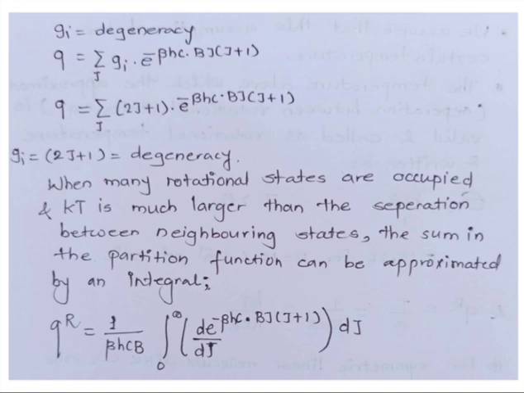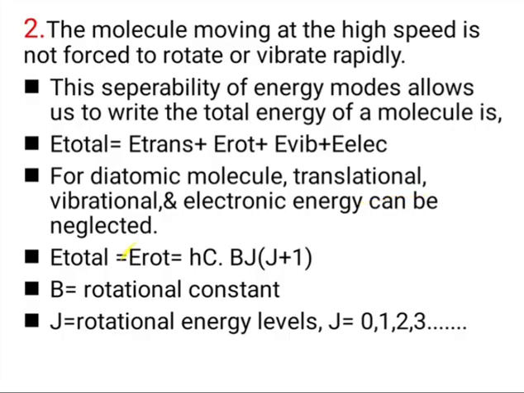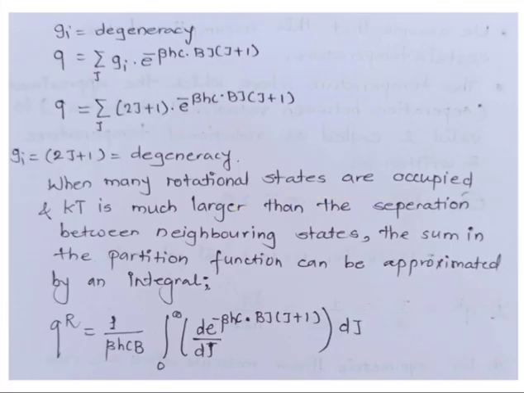Now we know the equation of the partition function. Q is equal to summation of e raised to minus beta Ei. So we have the energy equation, E total, and we can write the terms in the equation of the partition function. As we have seen, when there are energy levels having the same energies, they are called degenerate energy states.